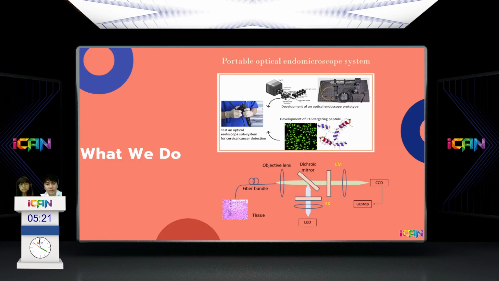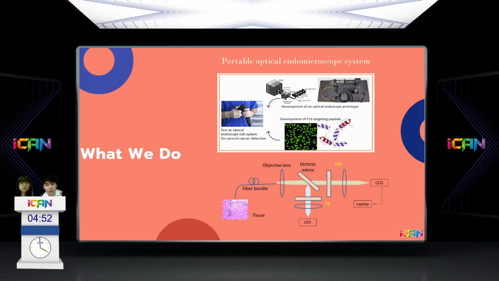Our setup is mainly the same as a general microscope system. The CCD replaces our eye and there are two lenses for focusing onto the sample. Then we change the sample to be the fiber bundle that can transmit the image from the end of the fiber bundle to our microscope system.